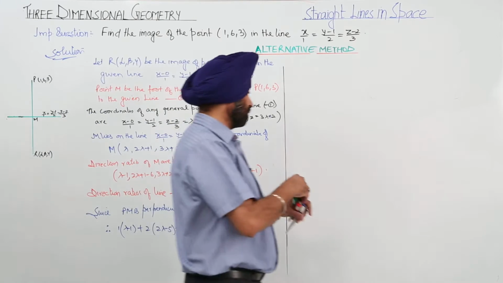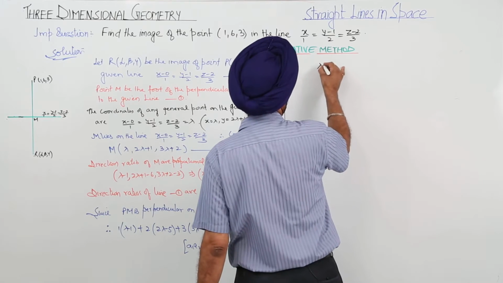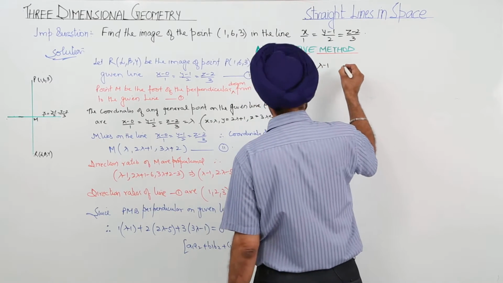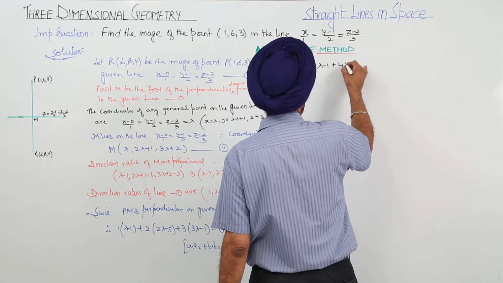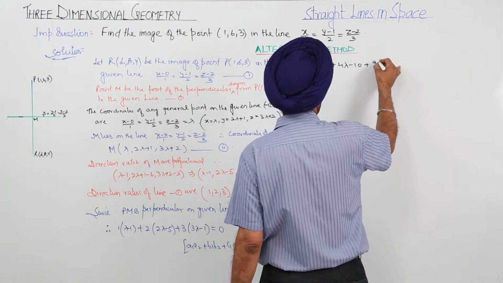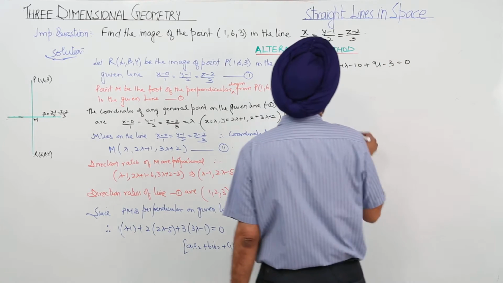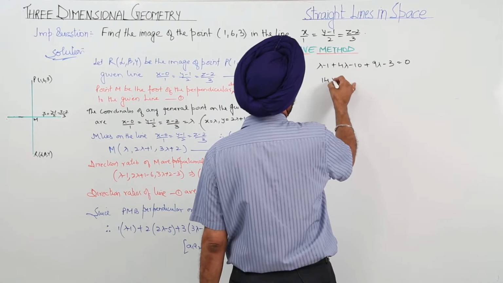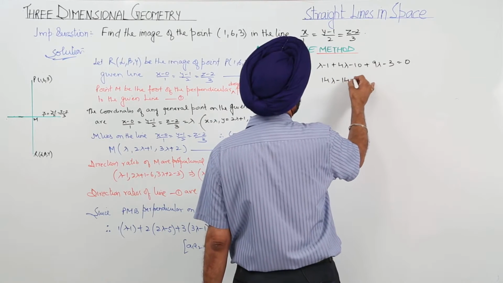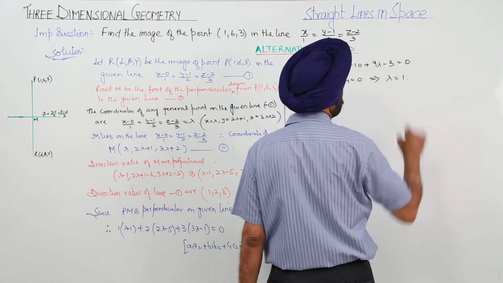Now solving, let's solve it. Now we are having lambda minus 1 plus 4 lambda minus 10 plus 9 lambda minus 3 is equal to 0. So this becomes 14 lambda minus 14 is equal to 0, and this implies lambda is equal to 1.